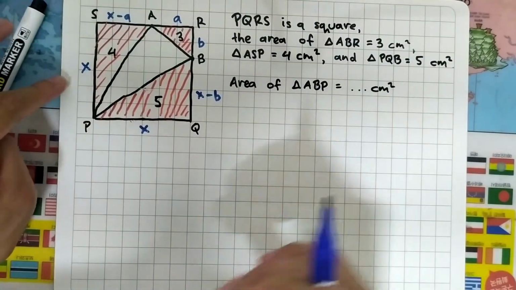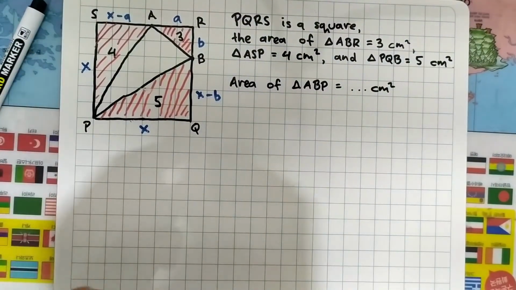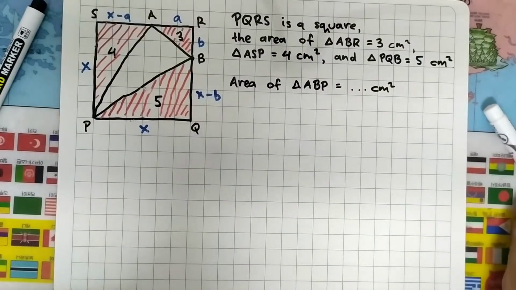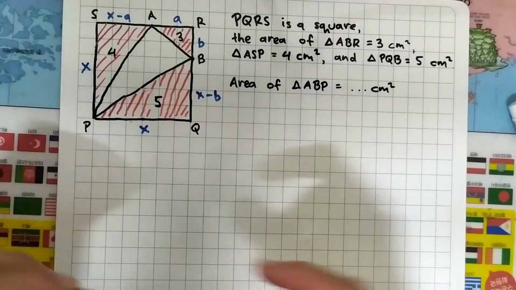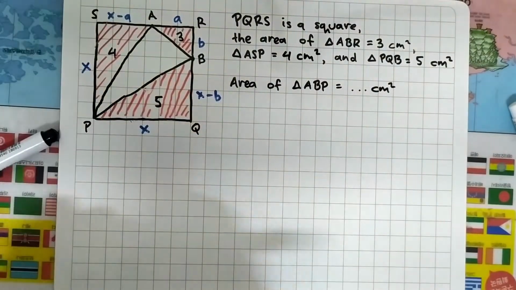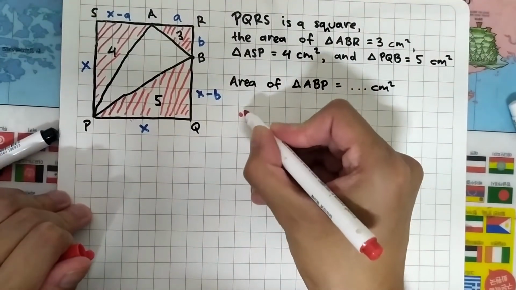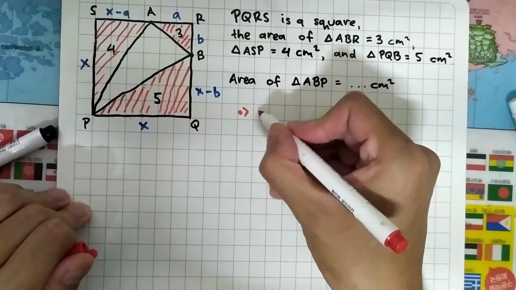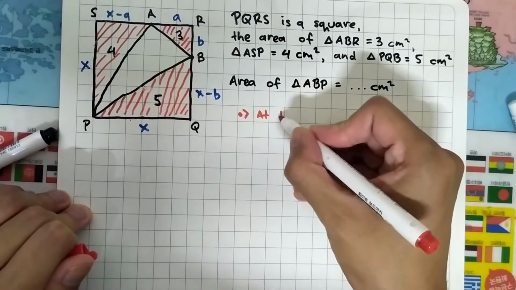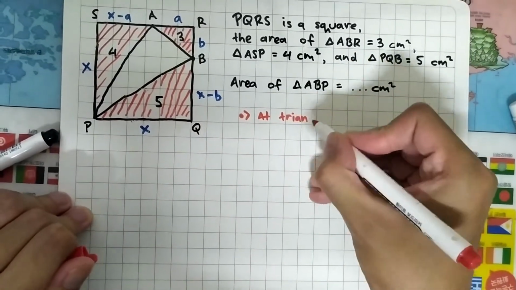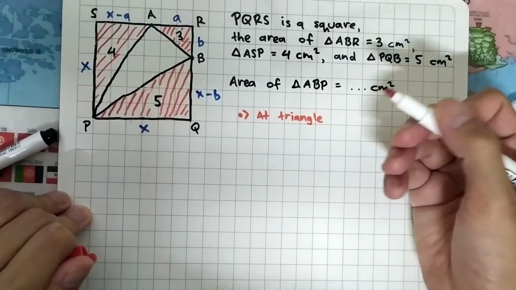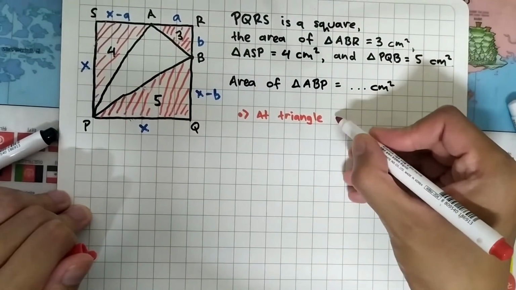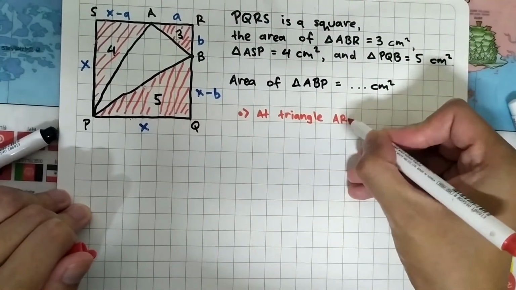Okay, now we take a look at the triangles one by one. So let's do the first triangle, triangle ARB.